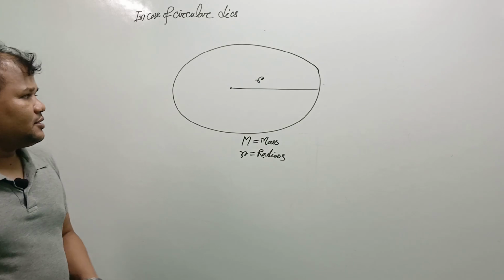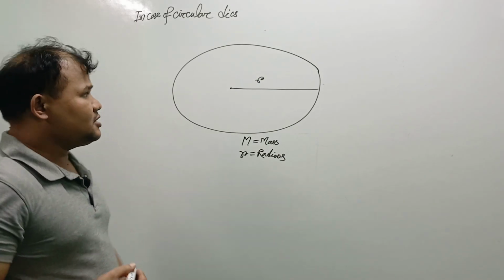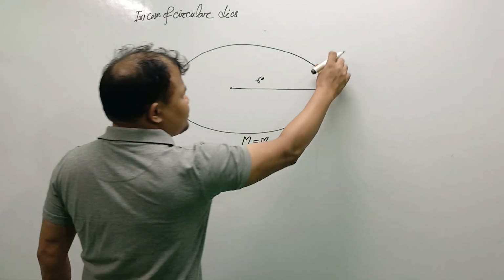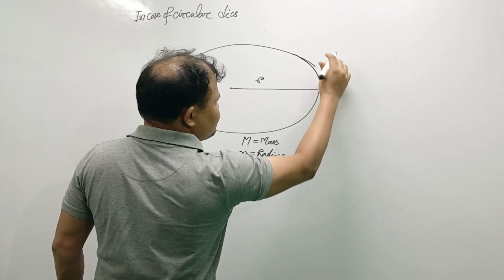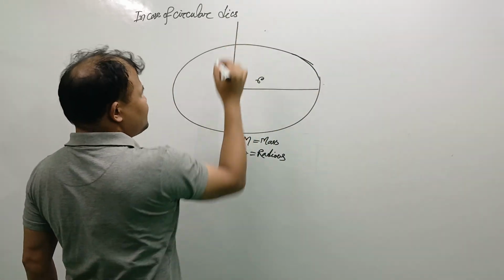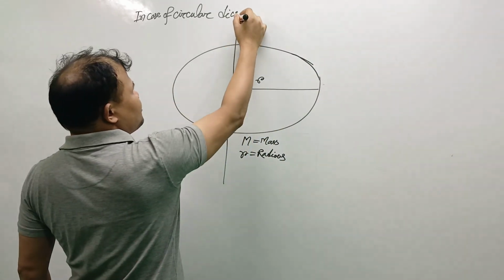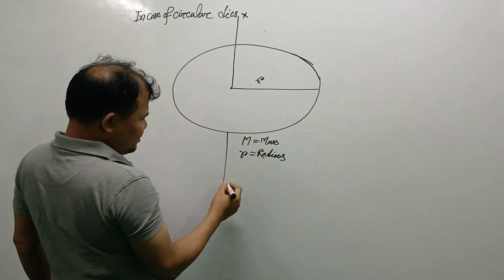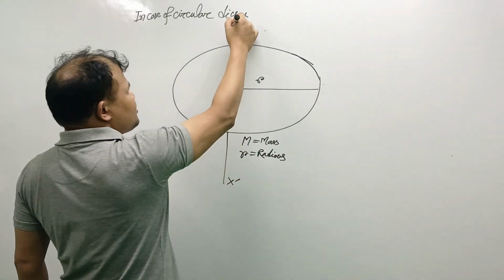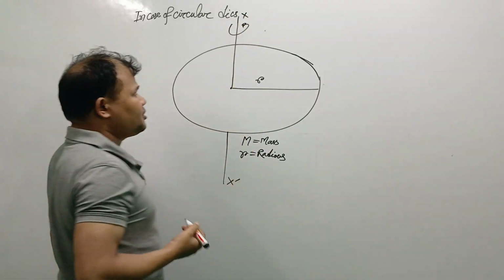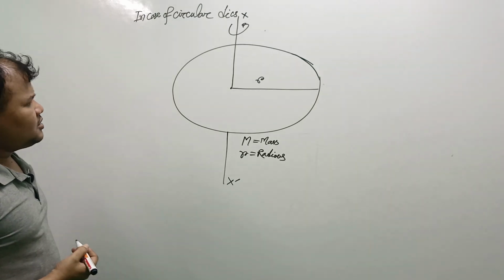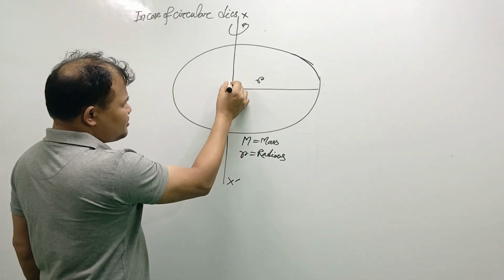My dear students, suppose the rotational axis passes through the center of the circular disc, and the name of this rotational axis is x prime. Suppose this is the direction of rotation.